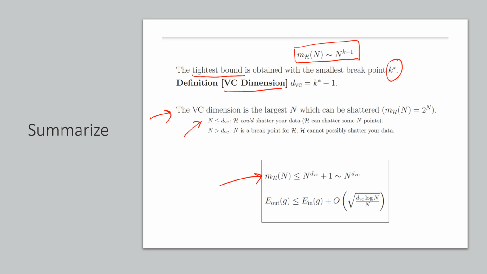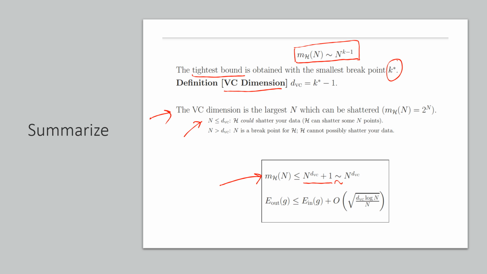My m_H(n) is less than or equal to n to the power of the VC dimension plus 1, replacing k minus 1 with k star minus 1, which is nearly equal to n to the VC dimension for all good hypothesis sets.